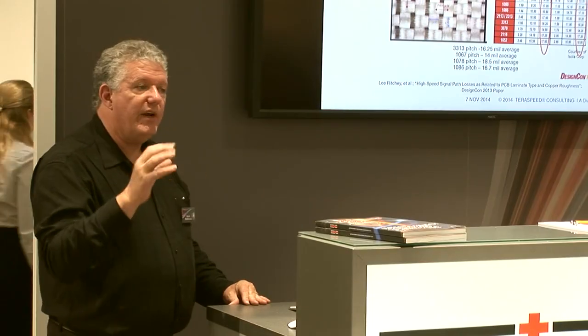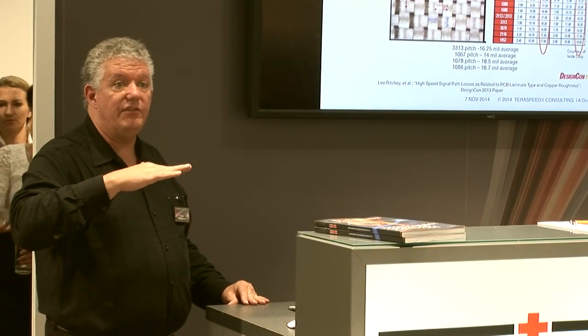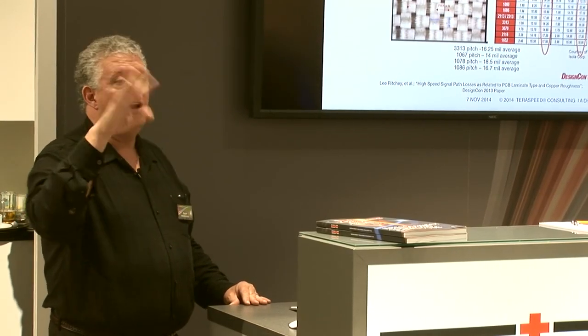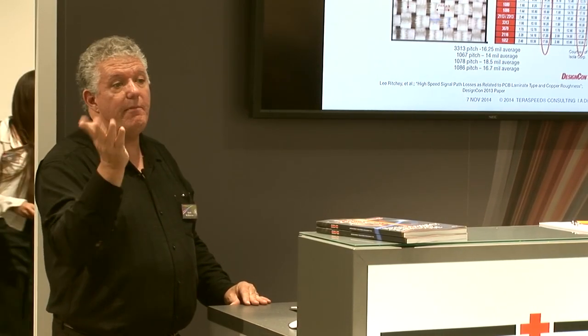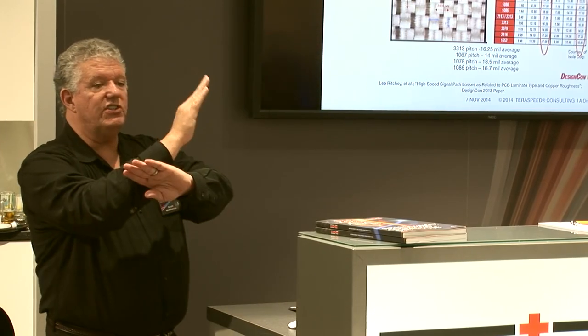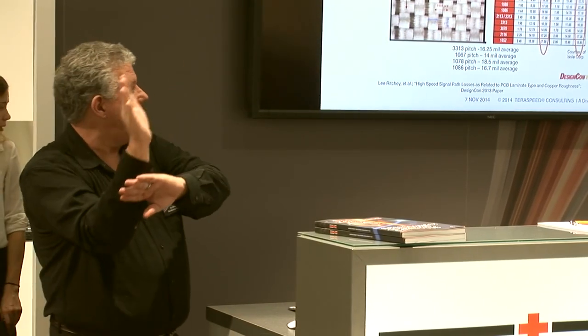So even though we have to use these fibers and we may not use these fiberglass matched materials, we can still do a number of things to mitigate this fiberglass weave problem. So we can rotate the traces, rotate the boards, and remember when we do that, it has to be more than 7 degrees because of just the variation in the weave wander.